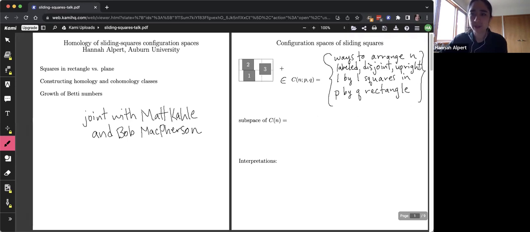So in this case, we have n is 3, p is, well, sometimes we go back and forth between p is the height first and the q is the width second, or the other way around. But I think in the paper, the first coordinate is the horizontal dimension. So I'll say 3, q is 2.